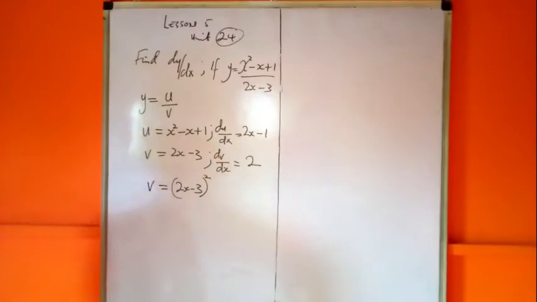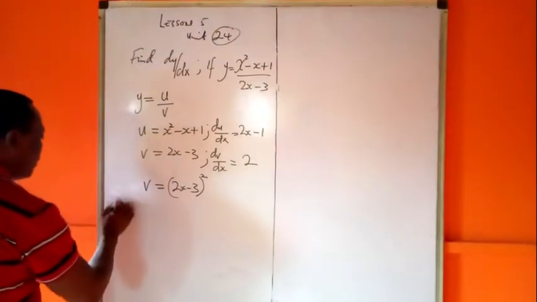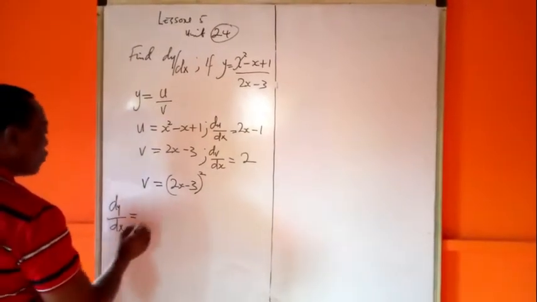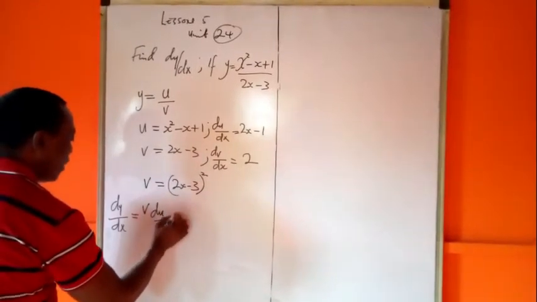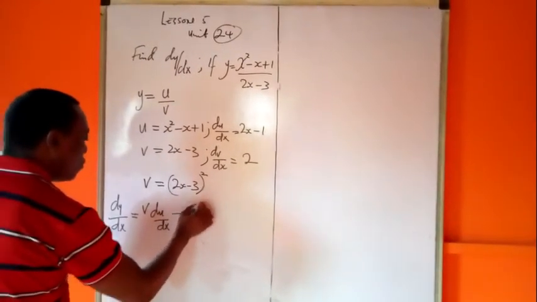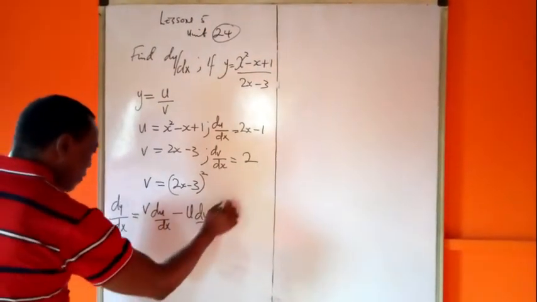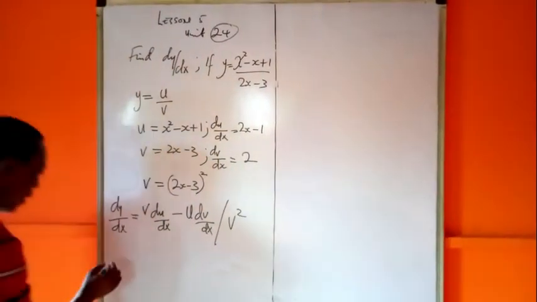power 2. So if we apply our formula, dy dx is equal to v du dx minus u dv dx divided by v square. So what do we have?